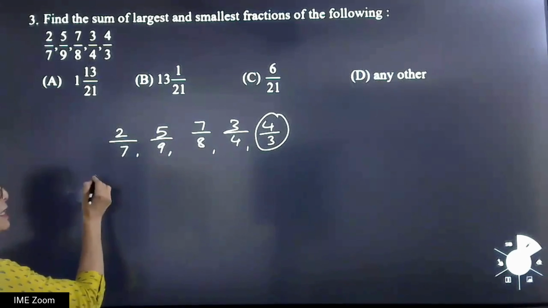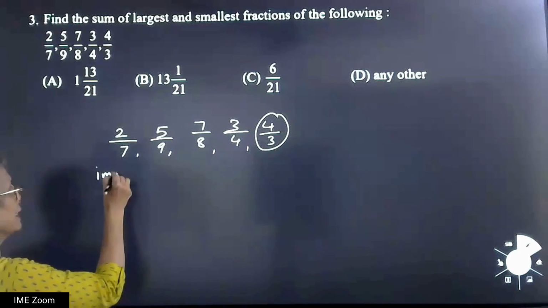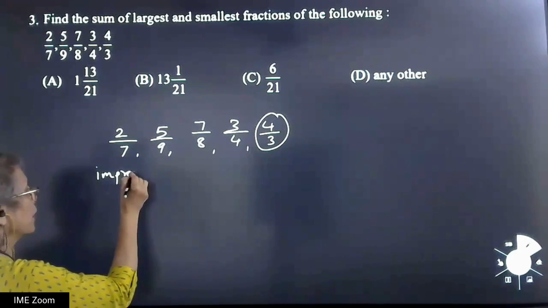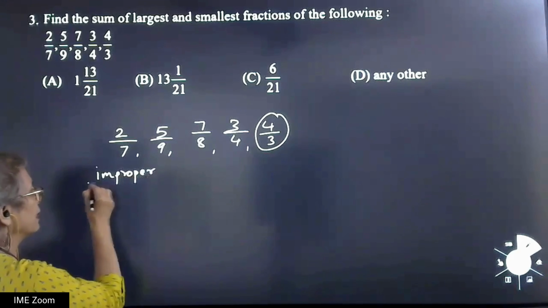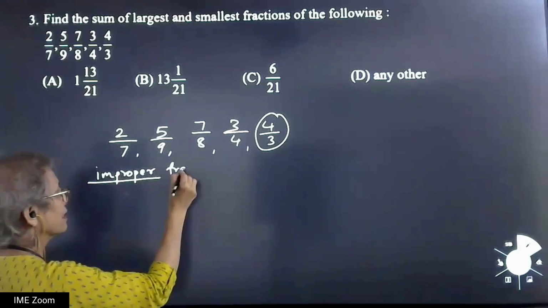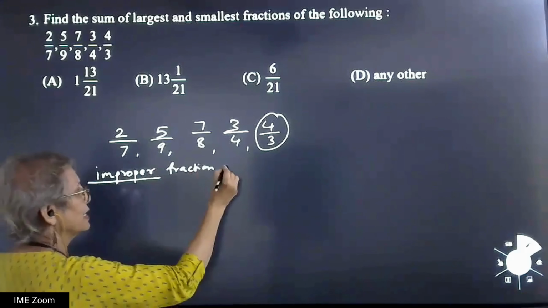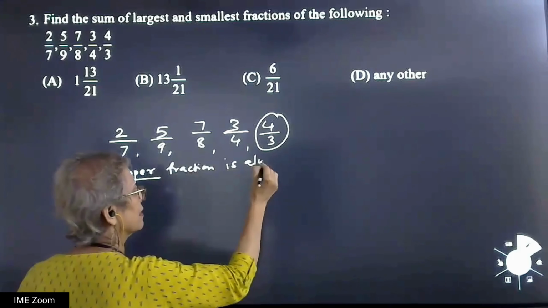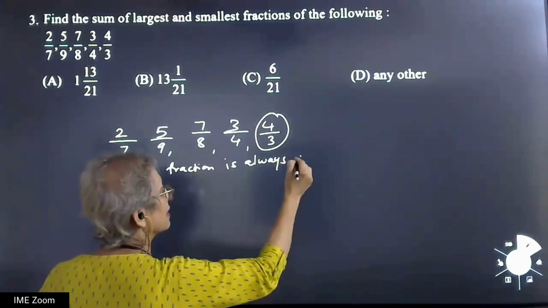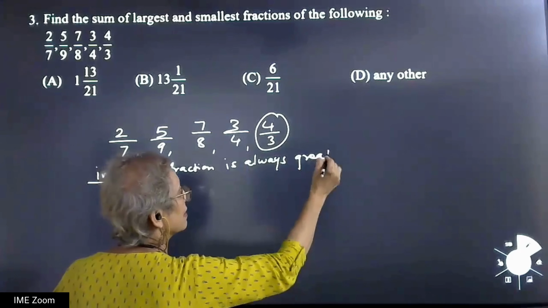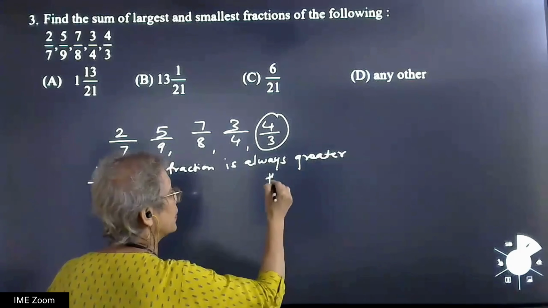You can write this down, learn this properly: an improper fraction is always greater than a proper fraction.